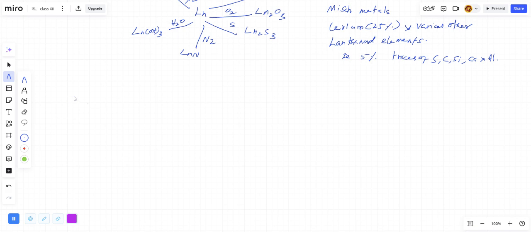Then if you take actinoids, their properties and trends: all actinides show the +3 oxidation state. They are highly reactive metals.